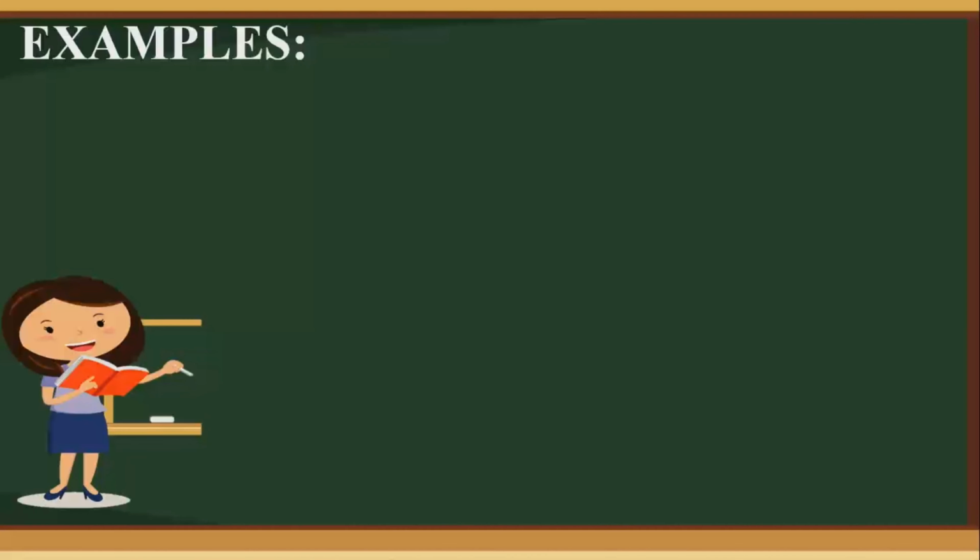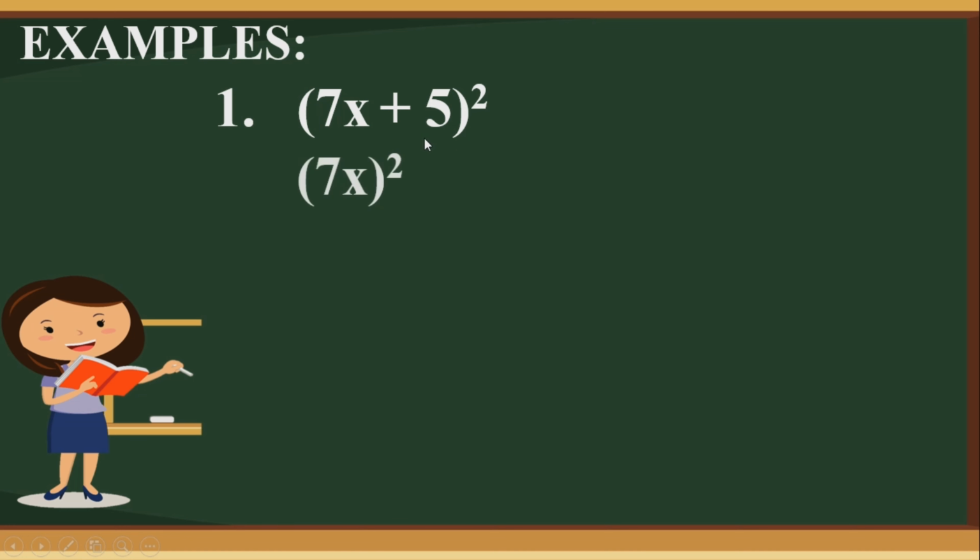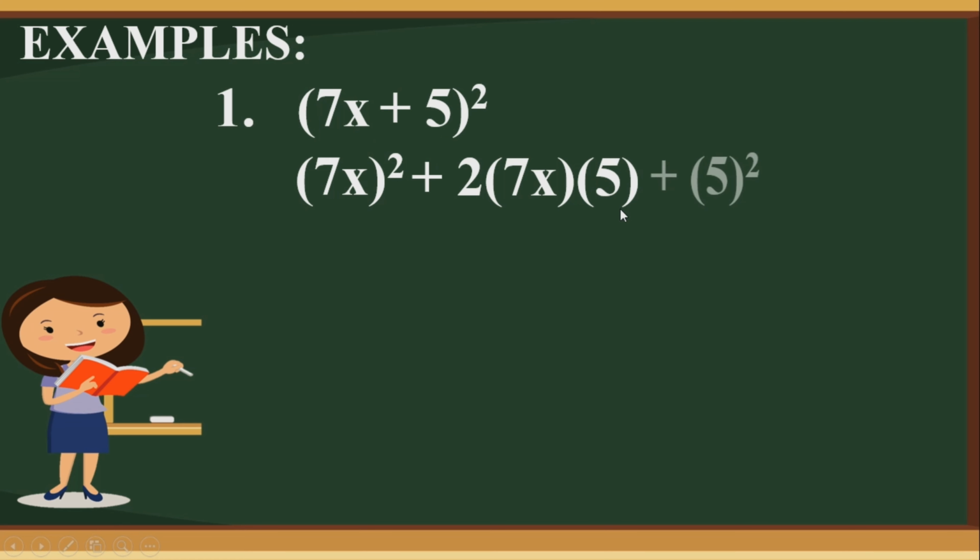Okay, let us have some examples. For number 1, we have quantity 7x plus 5 squared. Square the first term, which is 7x squared. And then twice the product of the first and the second term, that is 2 times 7x times 5. And then square the last term, that is 5 squared.